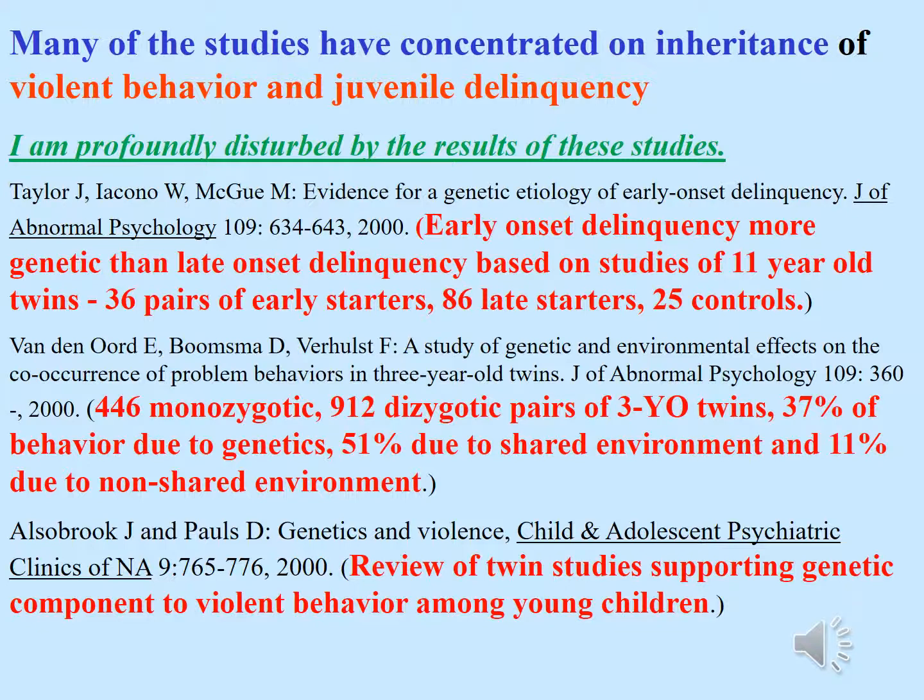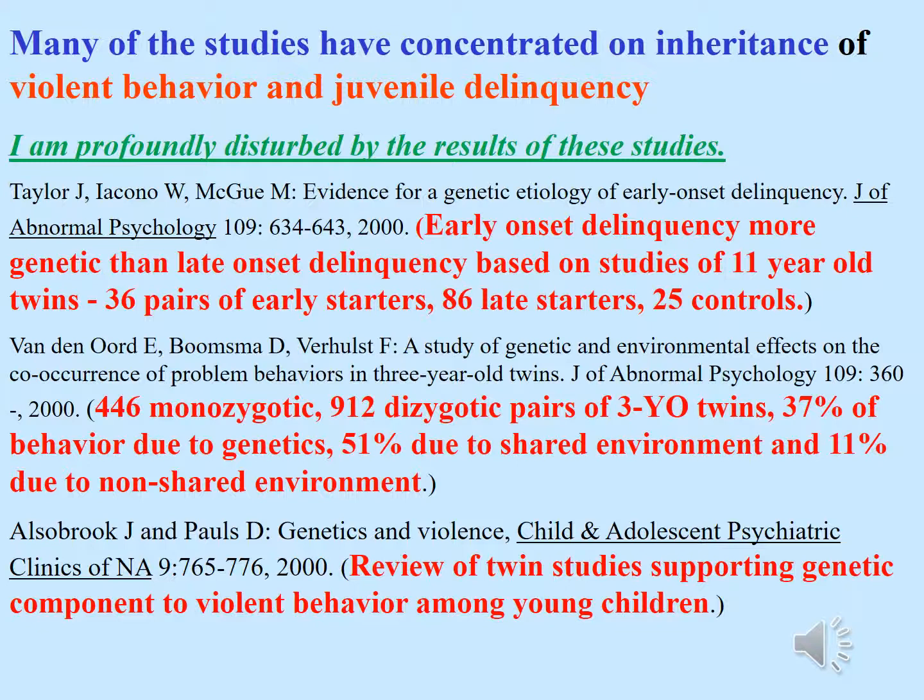In a number of the early studies from the 2000s, which have now been replicated ad nauseum, early onset delinquency is more genetic than late onset delinquency based on studies of 11-year-old twins. In Taylor's study, there were 36 pairs of early starters, 86 pairs of late starters, and 25 controls.